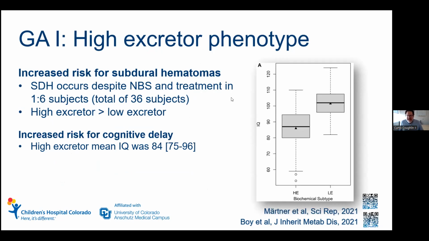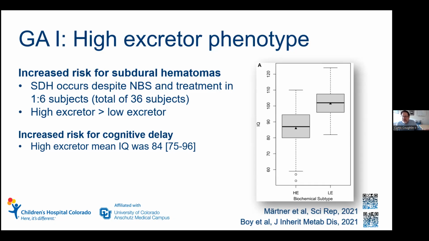I talked about the high and low excretors and that there's really no difference for that striatal disease, but GA1 is more than just that severe striatal injury. In this nice work by the German group again, what they showed was that the high excretors might have a higher risk of subdural hematomas, and that there might also be a difference in IQ.